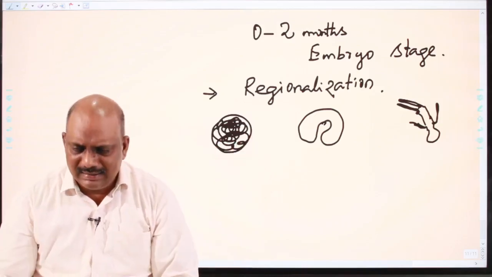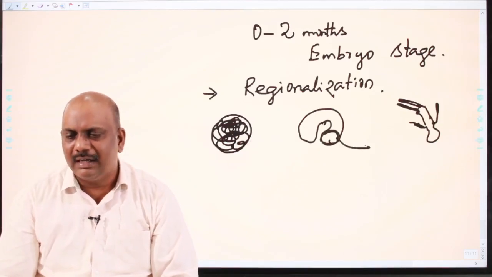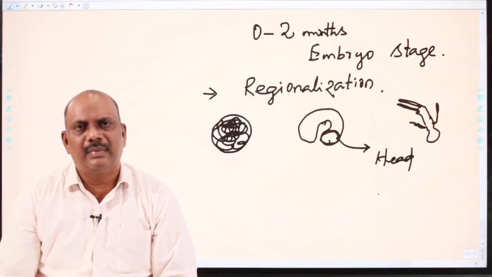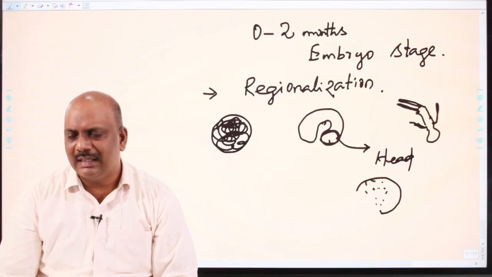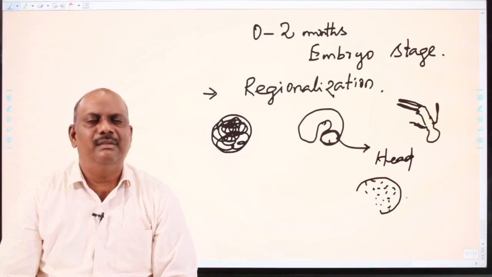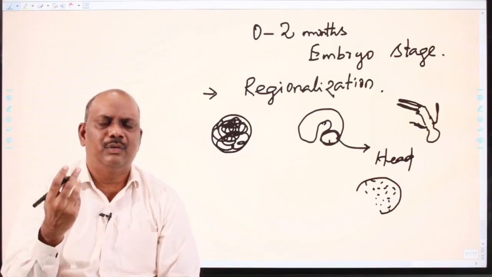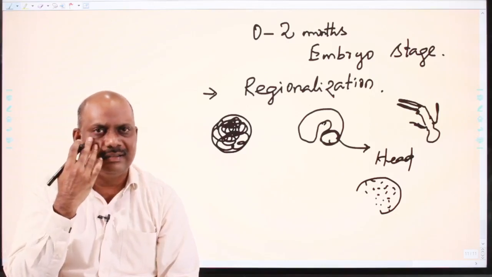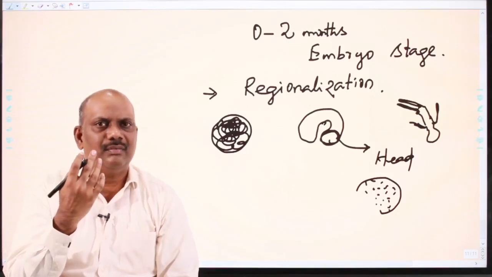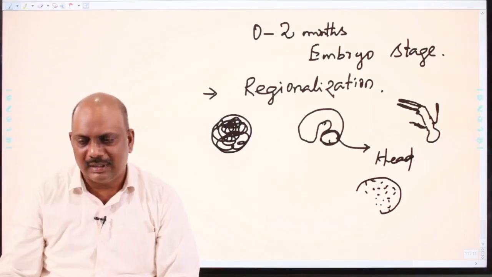So now these cells from here migrated to form a region called the head. In this head region, there will be a number of cells, and it is these cells which will further divide and differentiate to form the brain, different regions of the brain, eyes, nose, and the hypothalamus.